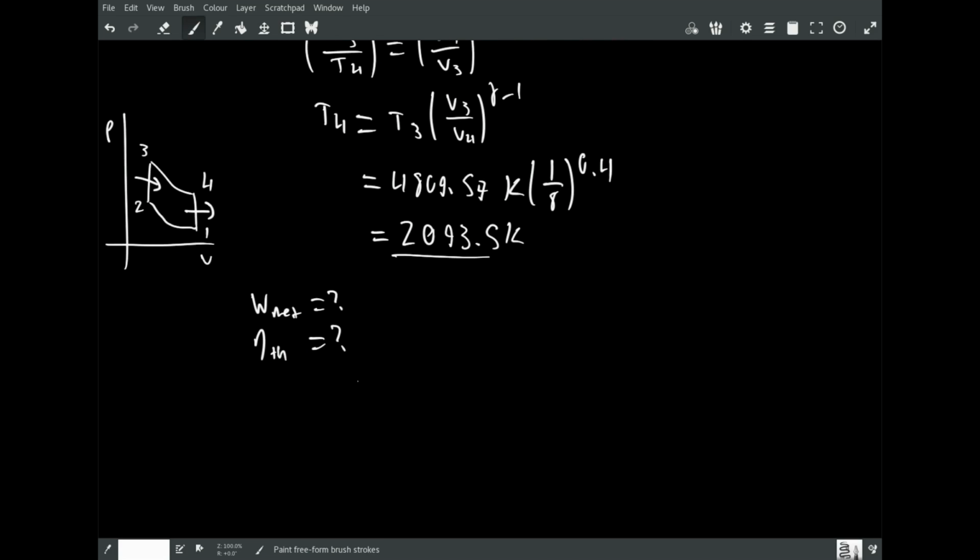Well, we know that this is a thermodynamic cycle. Change in energy is heat minus work, and we can call that net. Since this is a thermodynamic cycle, once we get back to 1, we've had no change in energy. This change is 0. It doesn't change.